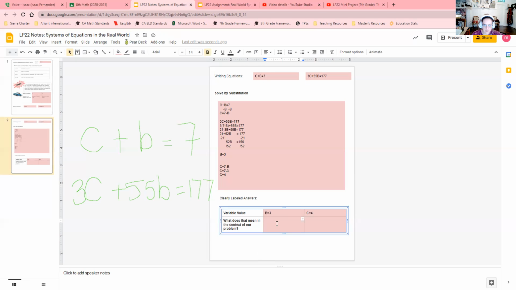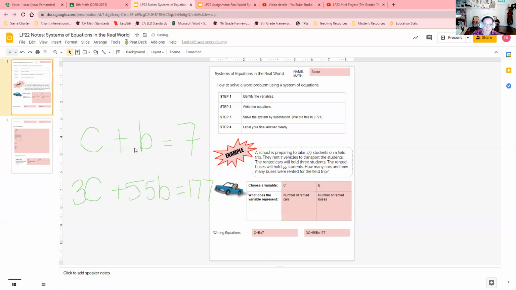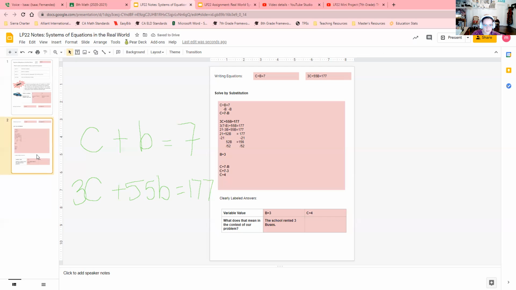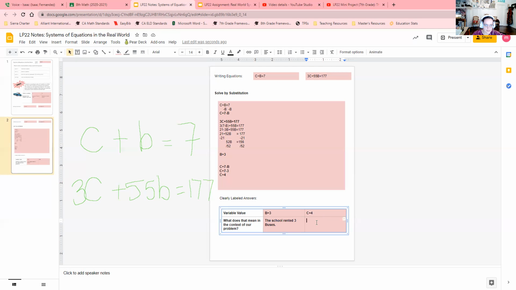So if B equals 3, that means the school rented 3 buses. C equals 4. Well, C was the number of rented cars. So C equals 4. The school rented 4 cars. Boom. That's it.